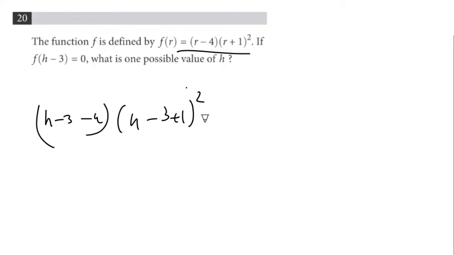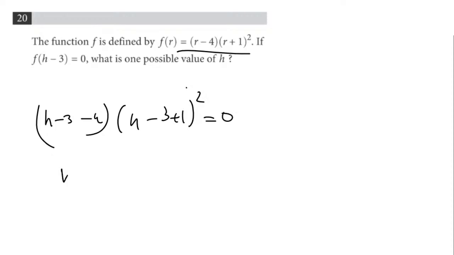So we have a function, and what is the possible value of h? If the function of r is this, then for the function of this, we just put this instead of r. Agree? Agree. h minus 3 minus 4 multiplied by h minus 3 plus 1, square equals 0.